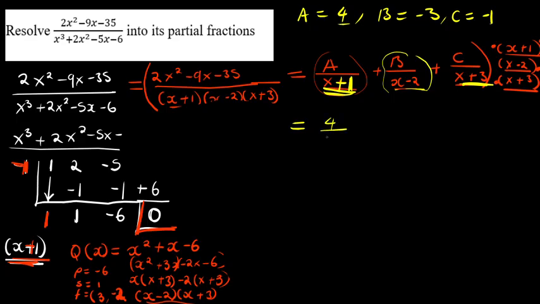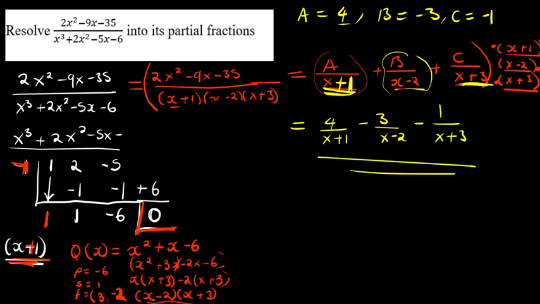So it will be 4 over x plus 1. Then B is negative 3, so it will be negative 3 over x minus 2. Then negative 1 over x plus 3. So that is how you do it. The next video will be looking into other ones. Okay.